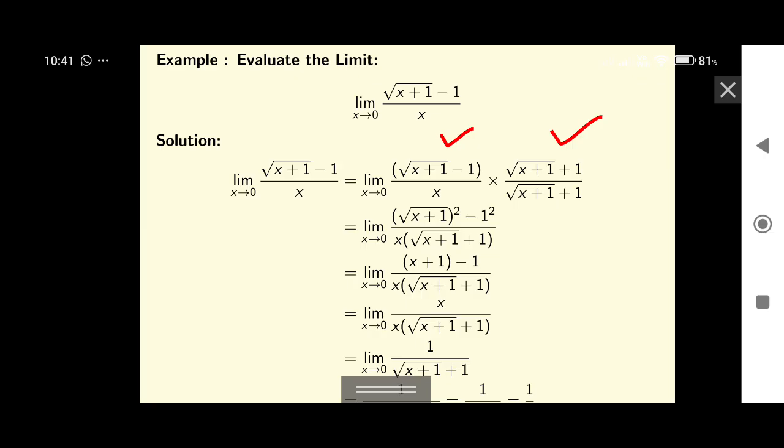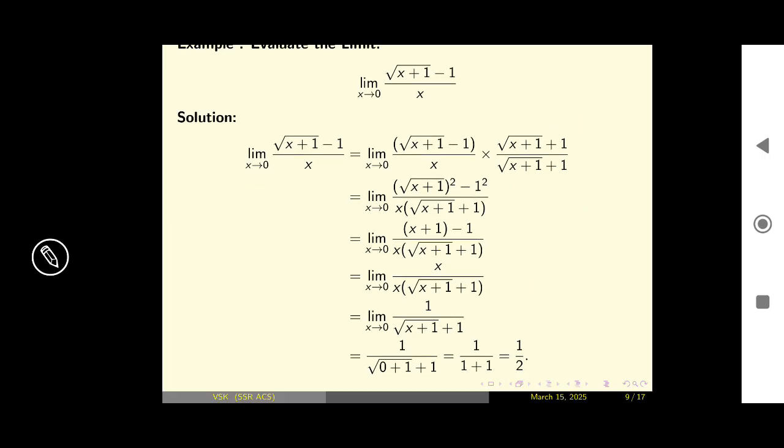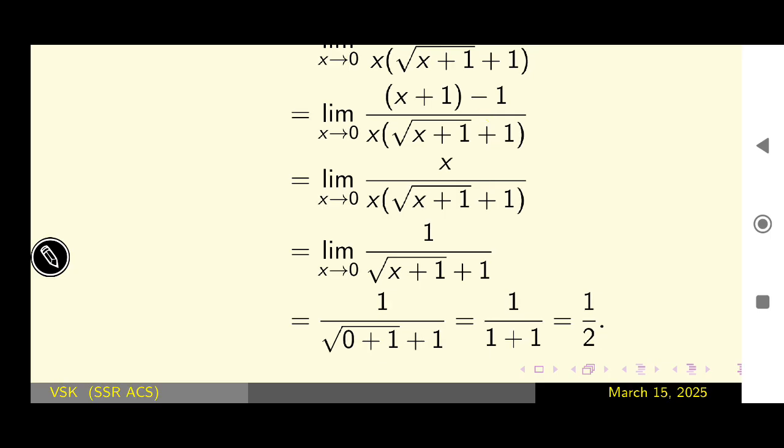Here you note it is written minus, here it is plus, and we apply the formula a minus b into a plus b as a square minus b square, and under root is cancelled with the square, you will be left with this, and 1 and 1 cancel, so you will be left with this, and this x will get cancelled, and now put the value x is equal to 0, you get the value 1 by 2.